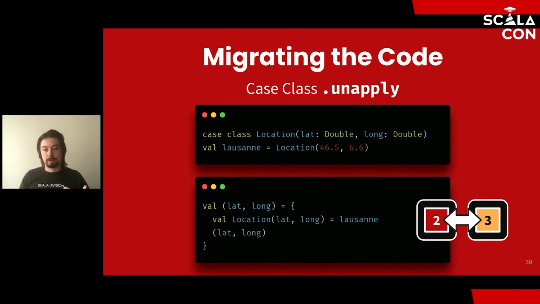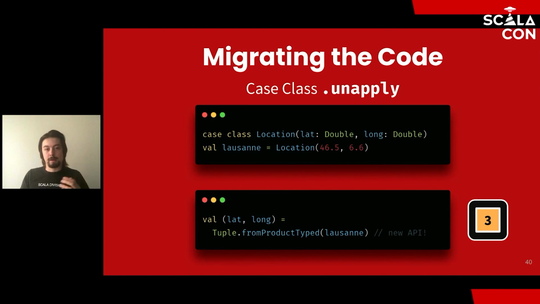And another way, if you just want to compile this with Scala 3 and you don't care about cross-compiling, then you can use this new API in the Scala 3 library on the Tuple companion object, which is called Tuple.fromProductTyped. It can take any sort of case class and then automatically turn it into a tuple of the same number of fields as that case class. So we don't even need to infer anything. We just do Tuple.fromProductTyped with that, and we return a pair of doubles.